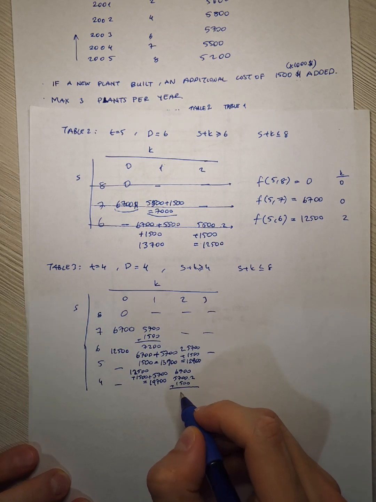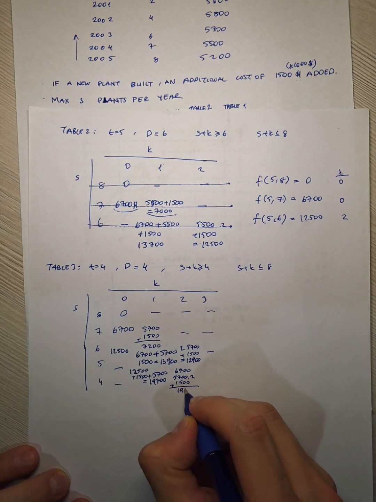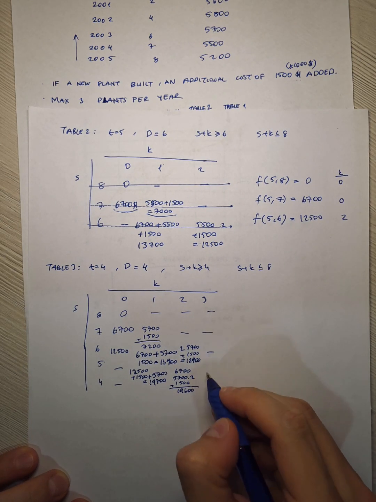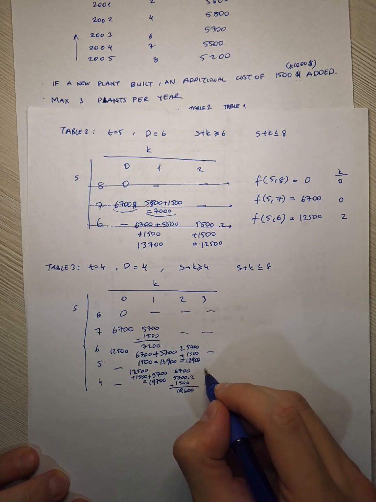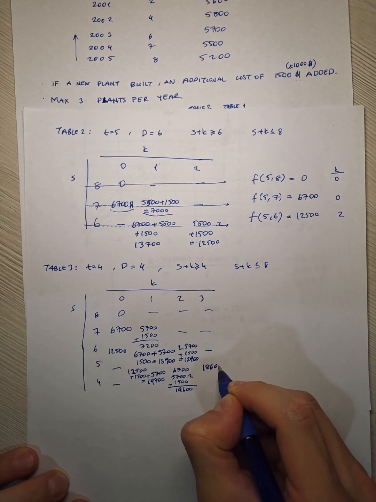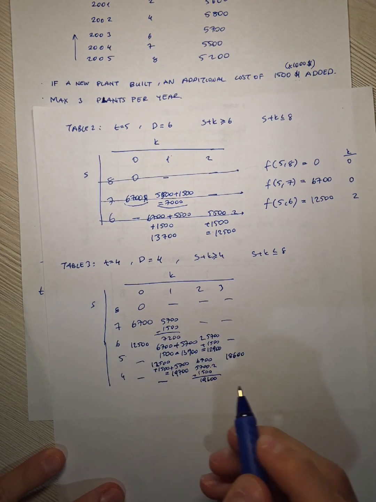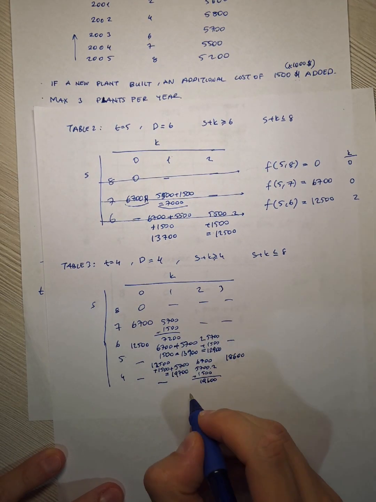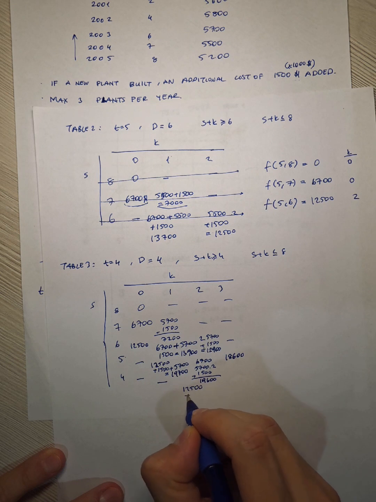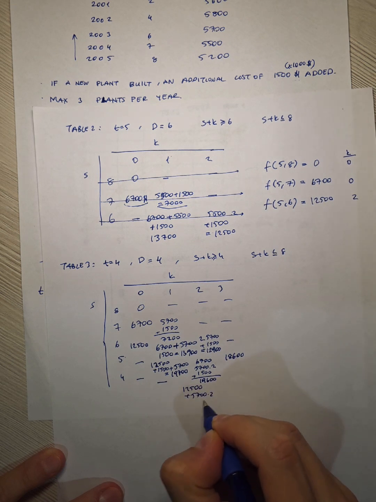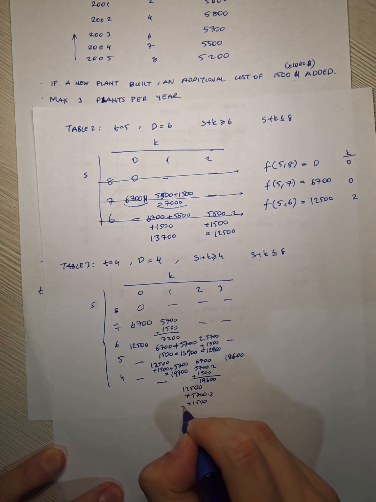Okay, it's getting more and more complicated. And yeah, we can also build 3 of them, which is just a simple calculation. We can end up with this, and we can build 2 more, plus 1 time fee.